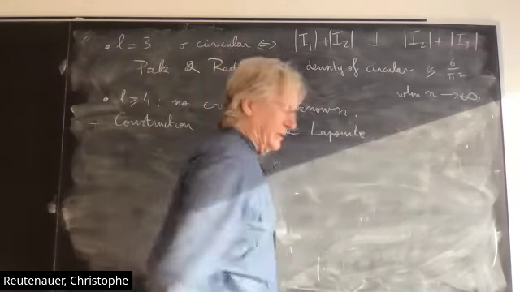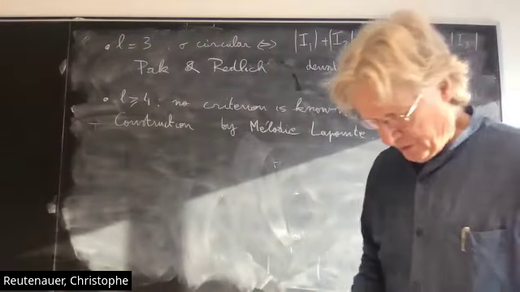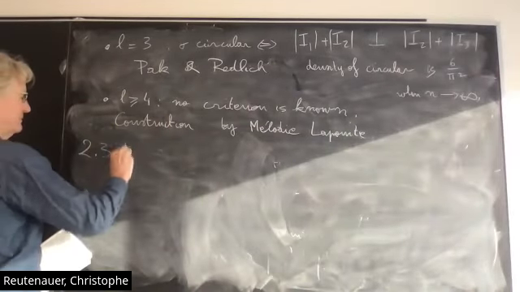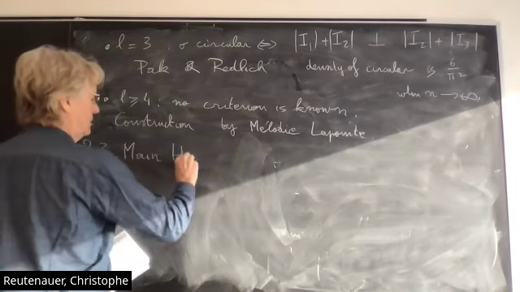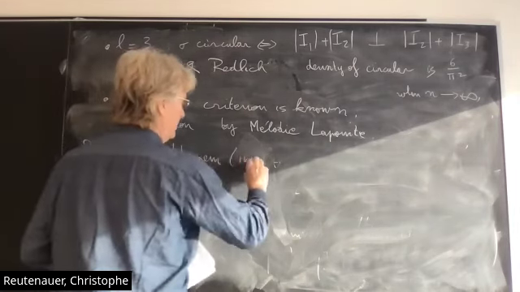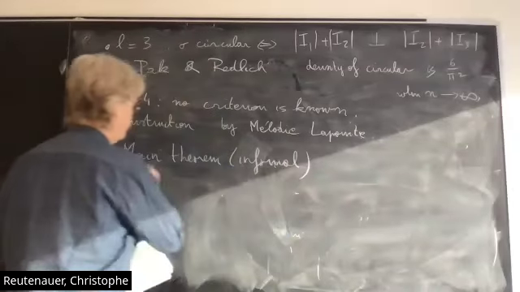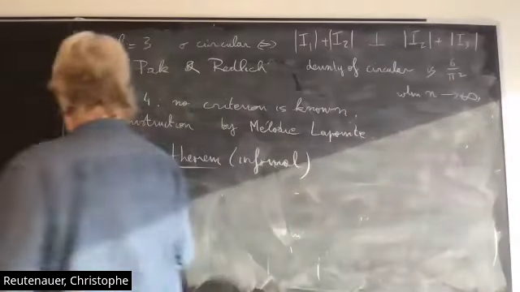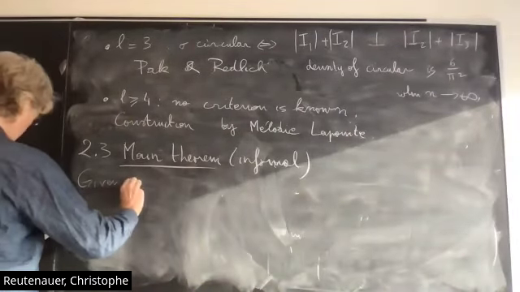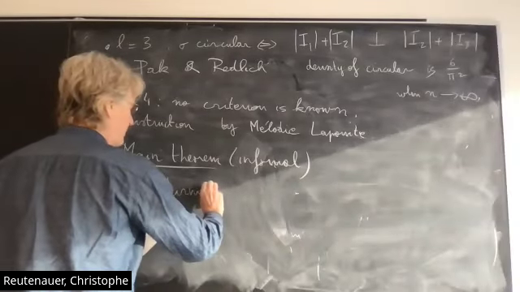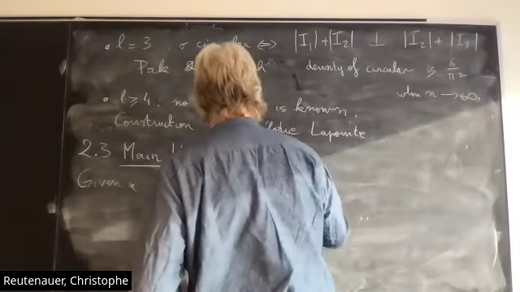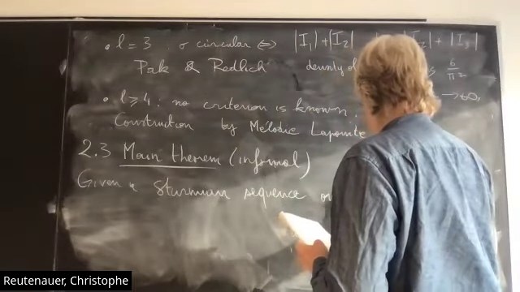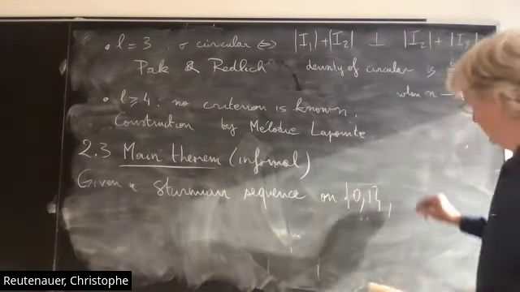So let me finish this introduction of notions and give now the main theorem. And I will be very informal. The main theorem is about the determinants. Given a Sturmian sequence, or Sturmian word, if you prefer, infinite word on 0, 1, and we did it on 0, 1, but I think it can be generalized.